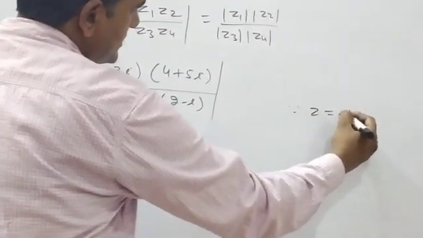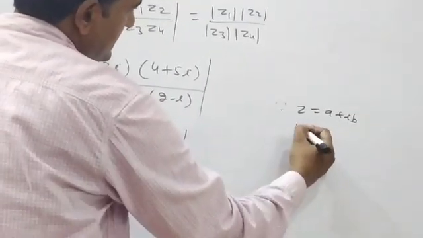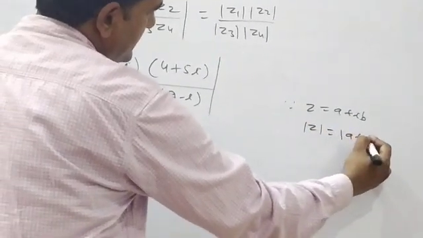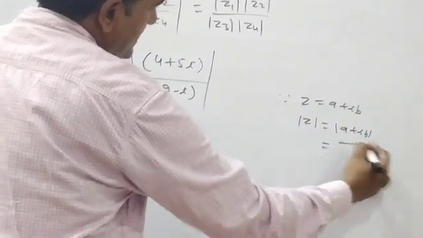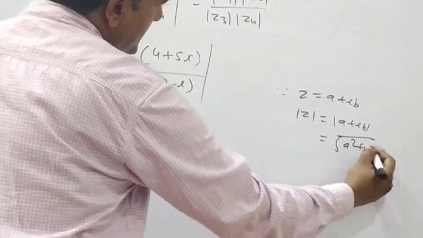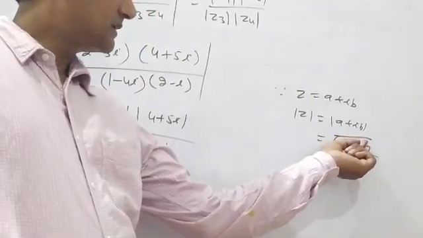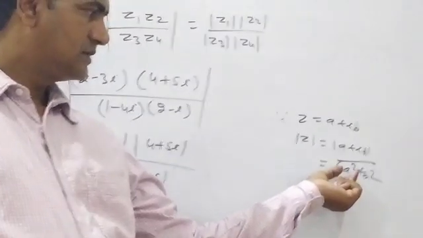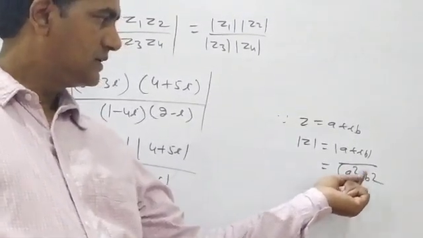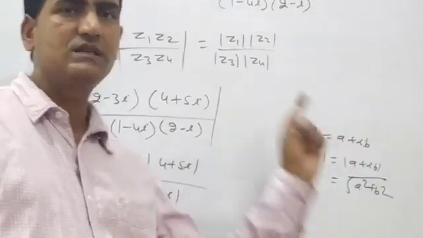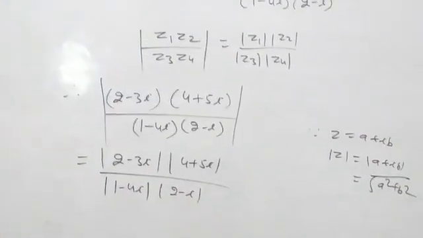Since z is equal to a plus ib, mod of z is equal to what? Mod of a plus ib is equal to under root a square plus b square, meaning the square root of the sum of squares of the real and imaginary parts of the complex number. Understood?